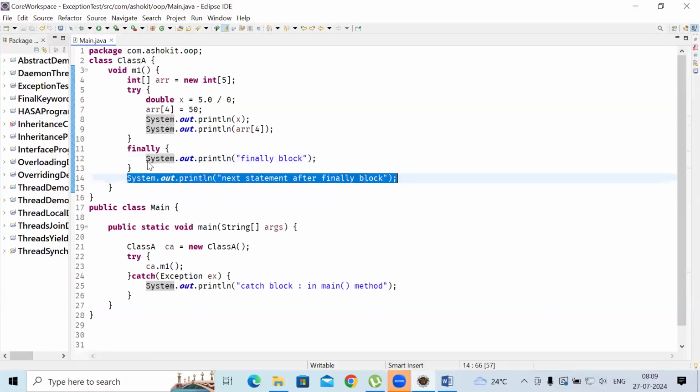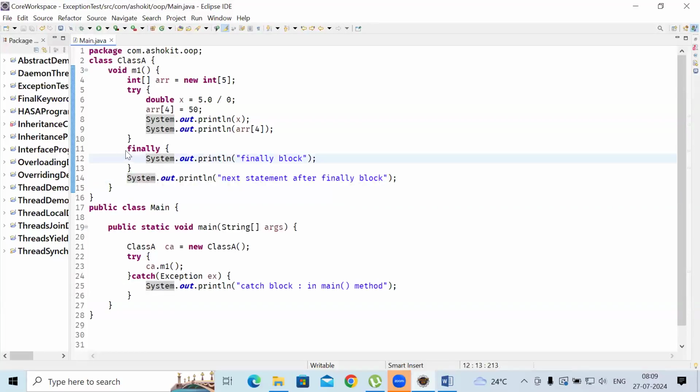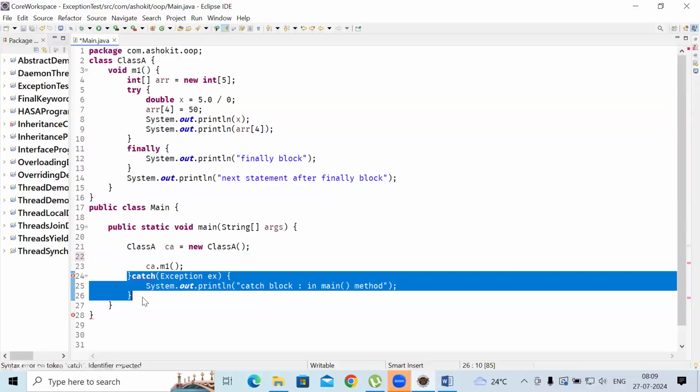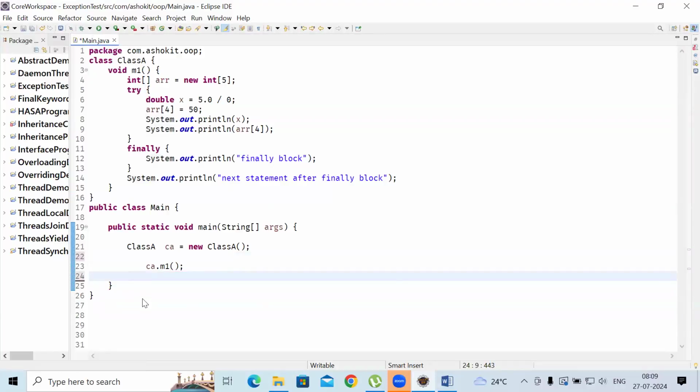I'm telling many things, so please try to understand. I'm just going back to my normal try, catch, finally, all three, to explain the concept.